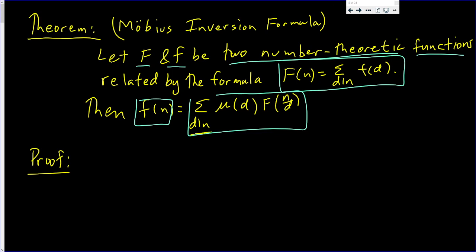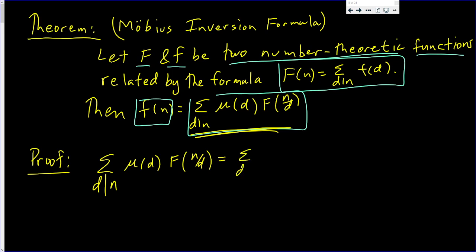Okay, back to the proof. This, which is the summation of mu of d times f of n over d, as we sum over all divisors of n, is equal to the summation over all divisors of n of mu of d times this.